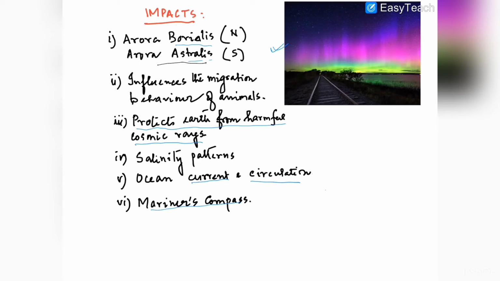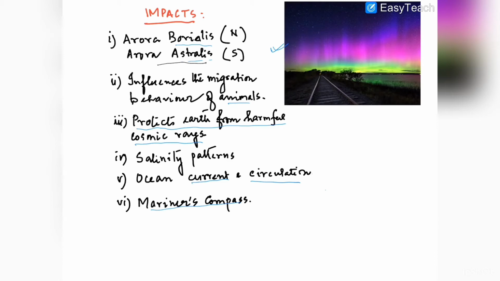Then the next implication is that the geomagnetism of Earth and the change in the magnetic poles will influence the migration behavior of animals. There are many sorts of migratory species, some of the birds or maybe the whales, etc. It has been seen scientifically that their migration pattern or the direction of the places change with the change of magnetic poles.